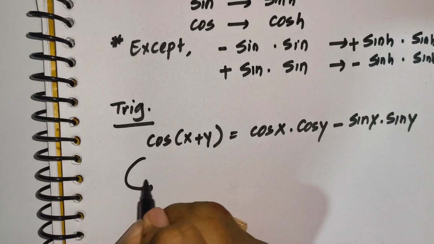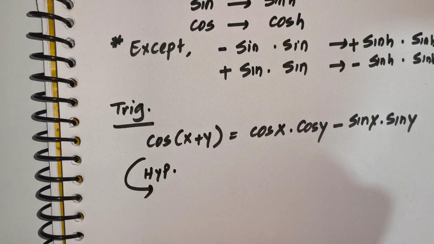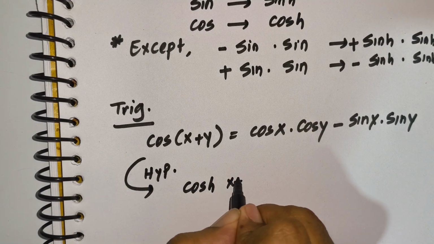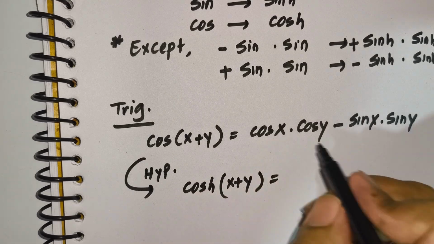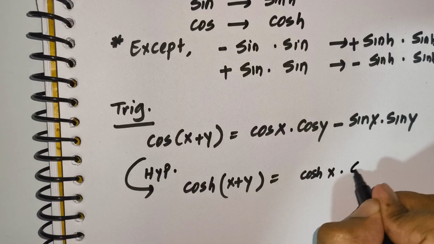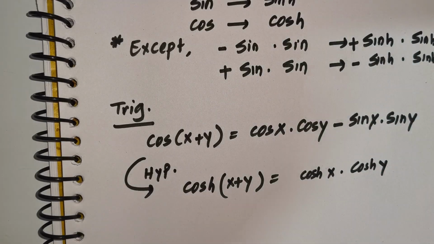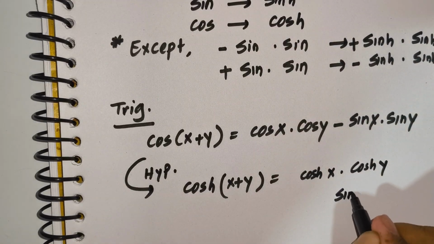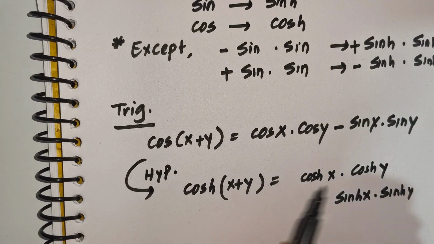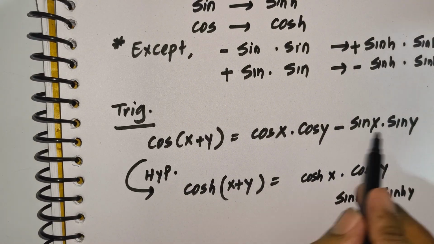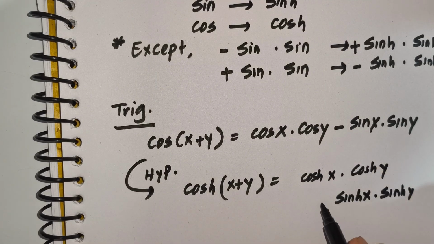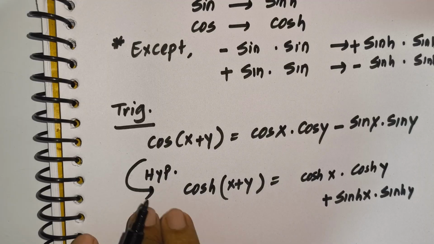We want to convert it to hyperbolic, so cosine will be cosine hyperbolic x plus y, cosine hyperbolic x times cosine hyperbolic y, and sine will be sine hyperbolic x and sine hyperbolic y. But we have a product of two sines, so we have to make the change of this sign. This will be positive.